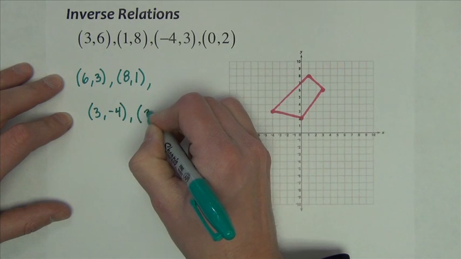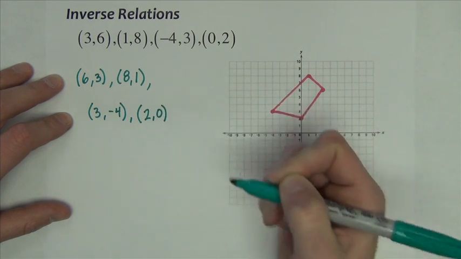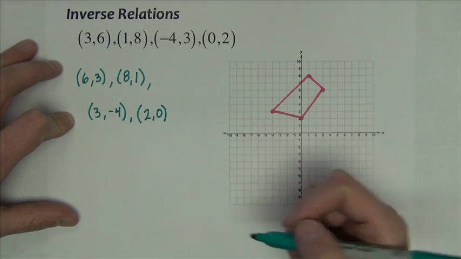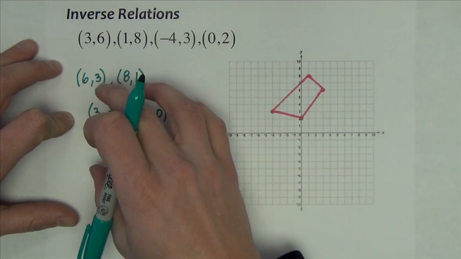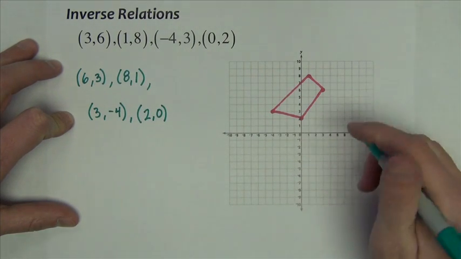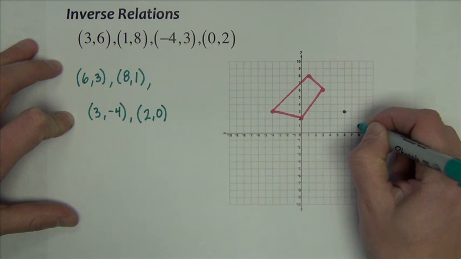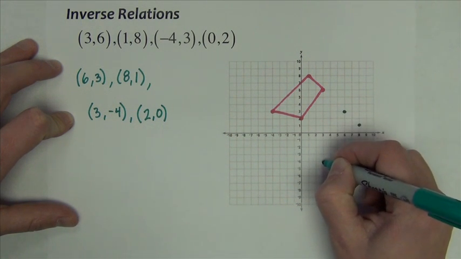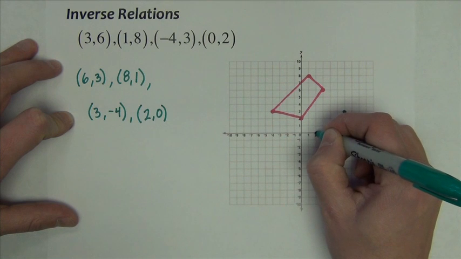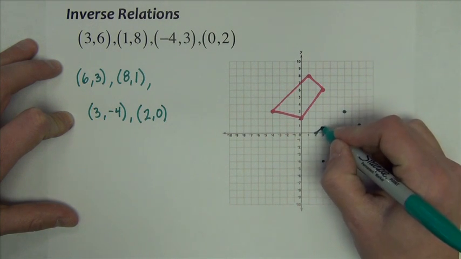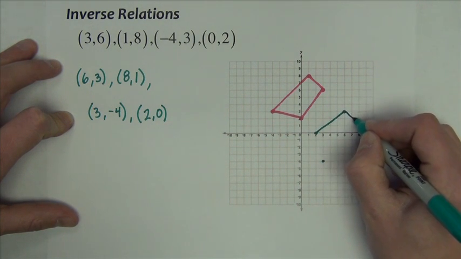And the point (0, 2) becomes (2, 0). Now what would that look like, this inverse relation, if I put that on the same graph? So we have these points here at (6, 3), (8, 1), (3, -4), (2, 0). And again, I'll connect the dots so it looks nice and pretty.